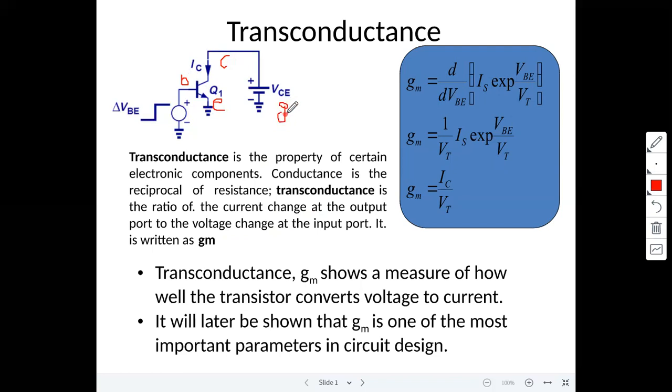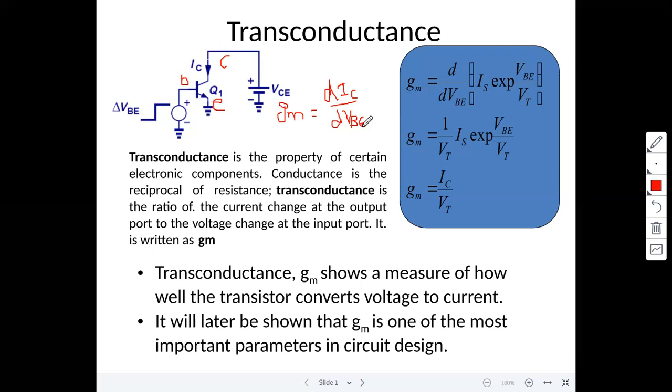Now what does gm say? gm is equal to the rate of change of output current. What is the output current? Collector current, divided by the rate of change of input voltage. So dIC by dVBE. Okay, that is the gm.